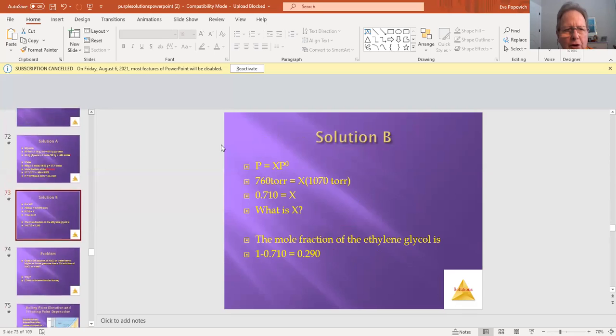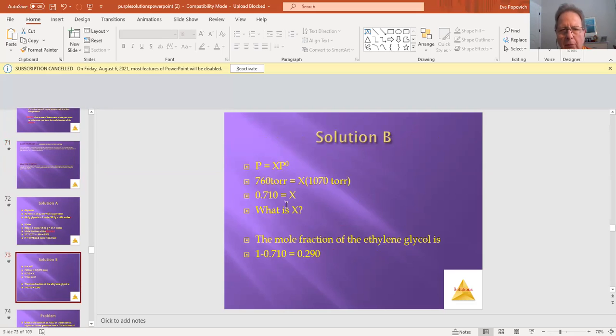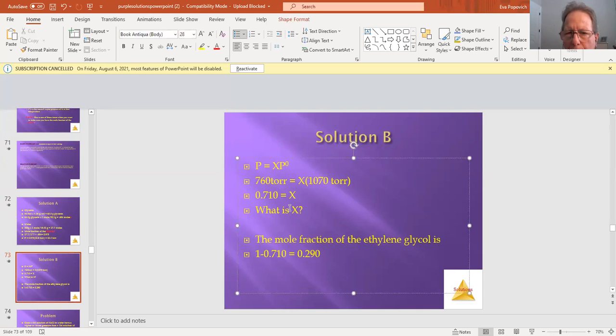But I gotta look at the question. The question asks, what is the mole fraction of the ethylene glycol? What is X at this point? What's it the mole fraction of? Take a guess, Sam. Is it the ethylene glycol or is it the water?